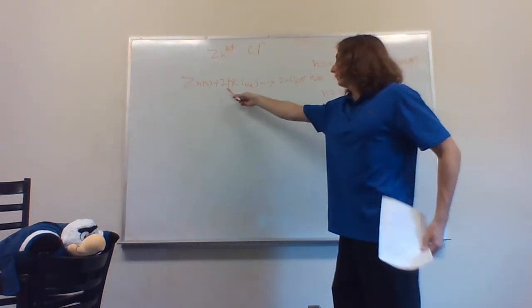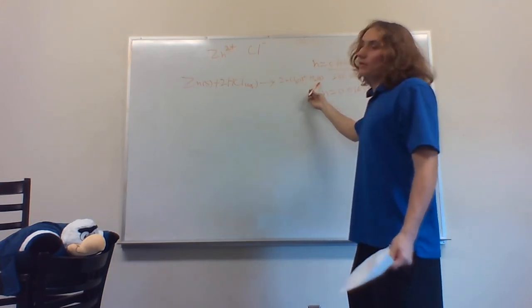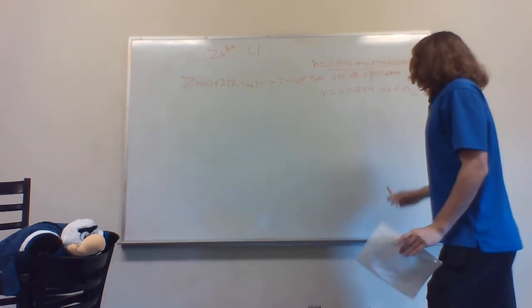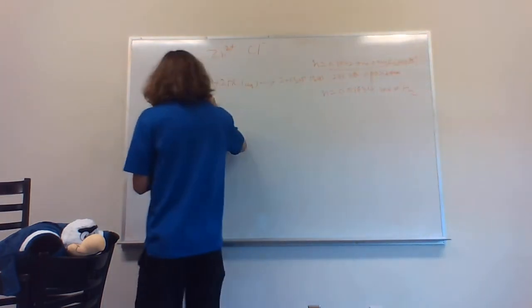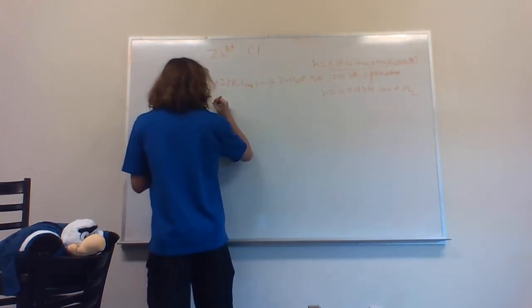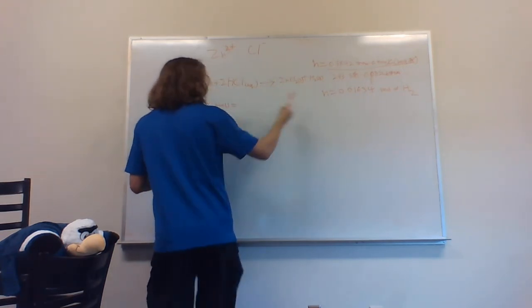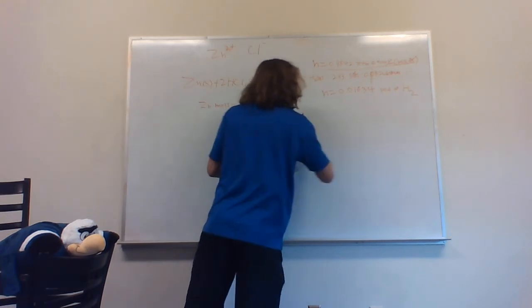We look at the balanced chemical equation. Per 1 mole of hydrogen gas, there is 1 mole of zinc. So the moles of zinc will be equal to the exact same amount of moles of hydrogen gas.